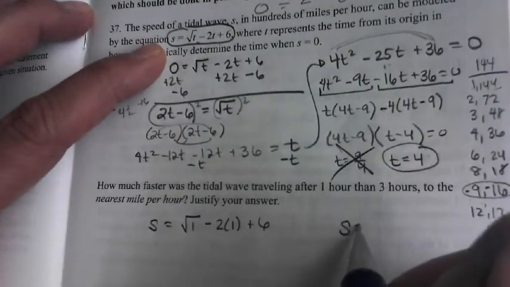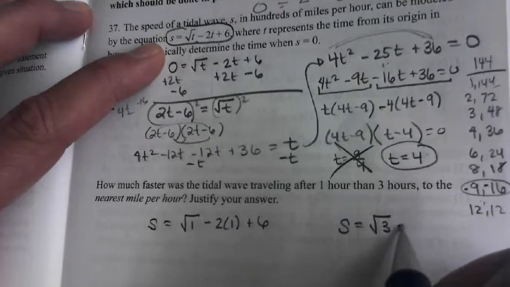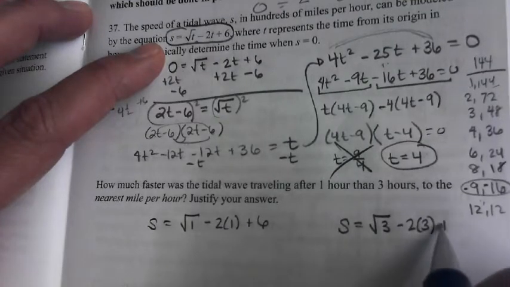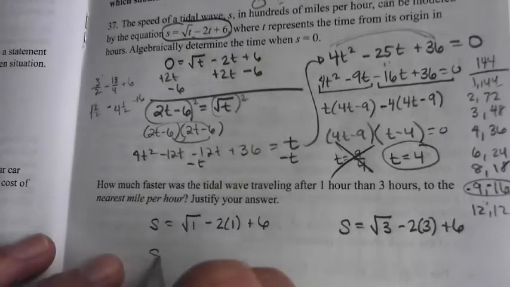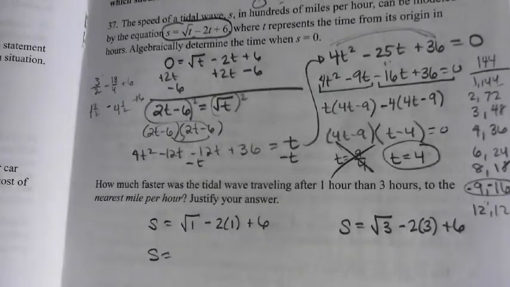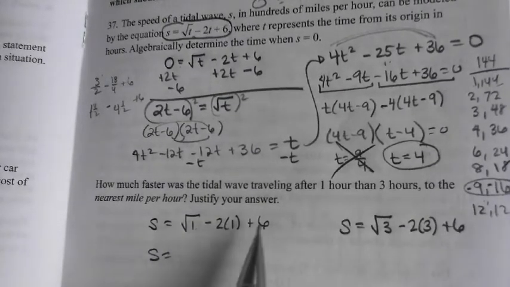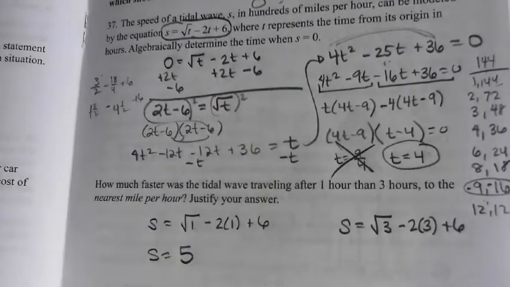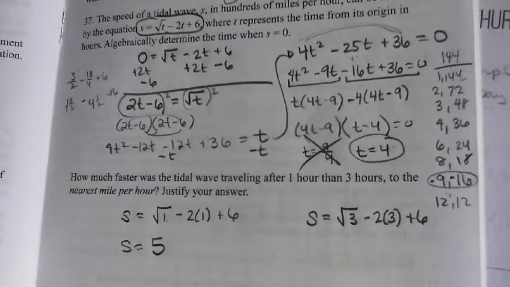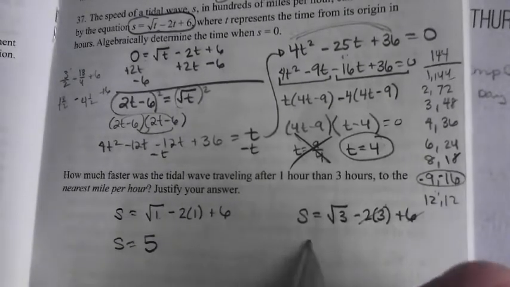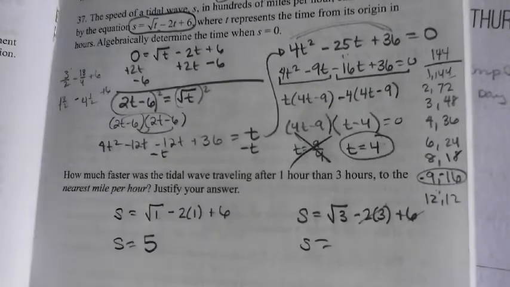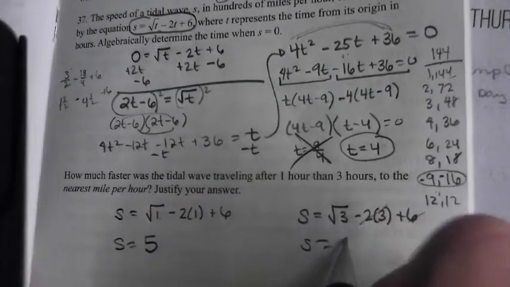And the speed at 3 hours is just going to be root 3 minus 2 times 3 plus 6. This could be algebra 1. Okay? Your speed here is, and you would do this on your calculator, 1 minus 2 is negative 1 plus 6 is 5. And this one's going to be a little bit trickier. Well, the minus 6 and the plus 6 is going to cancel, so it's just going to be root 3, to the nearest mile per hour. So the square root of 3 is 1.7.